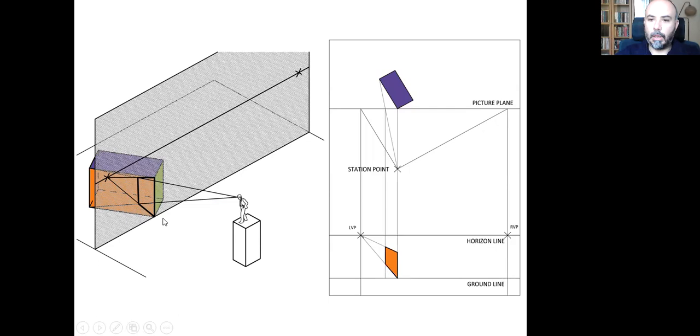As you can see, this is how the man sees this object. If he is standing right here, he is seeing this orange edge as this one here. It is being projected on the picture plane.